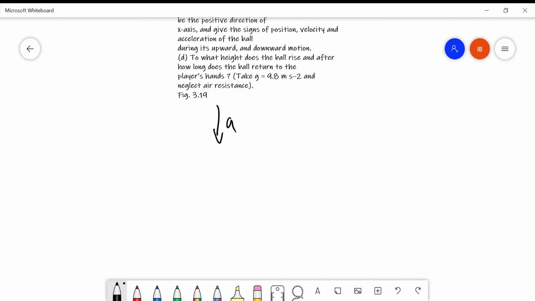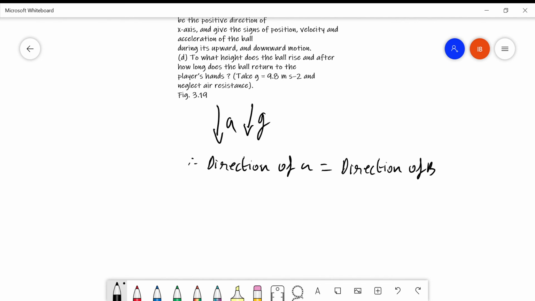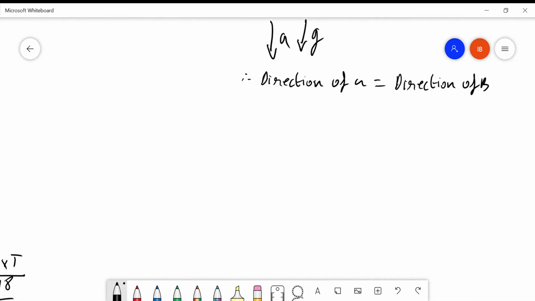Therefore the acceleration will be along the direction of gravity. That's the first answer. So we can write direction of A is equal to direction of B.